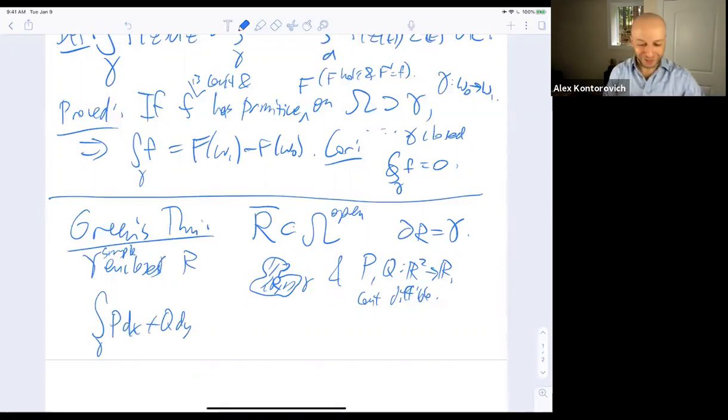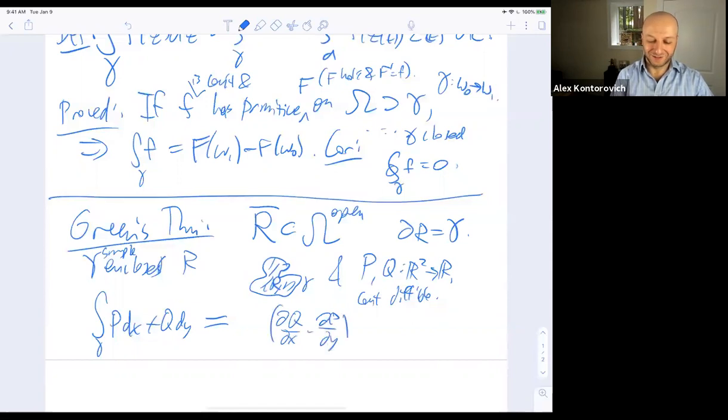I think nobody needs me to take time on this. What do I get on the other side? Partial Q by partial x minus partial P by partial y, the area integral over the region. Perfect.